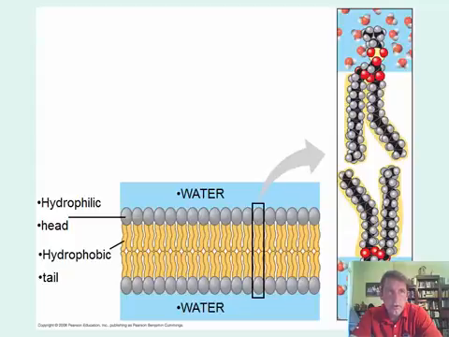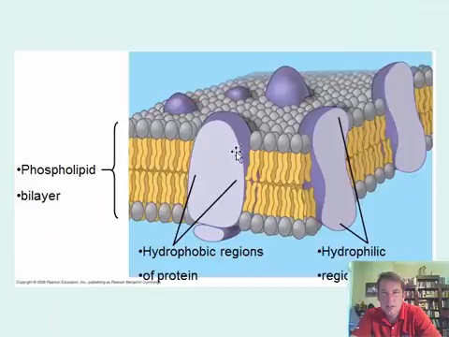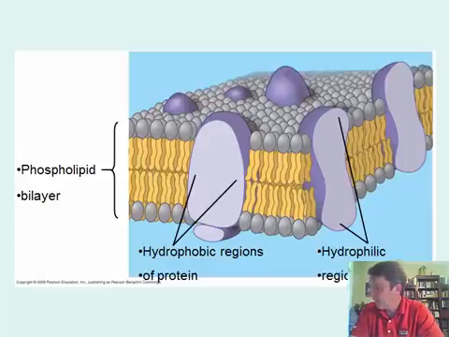Now, these membranes are not just made up of phospholipids. There are many other things in them, primarily proteins. Here we see some regions of these proteins sandwiched in that phospholipid bilayer. These proteins play important roles in the permeability the membrane has. They can assist things coming in and out of the cell, or the organelle if it's a membrane around an organelle.